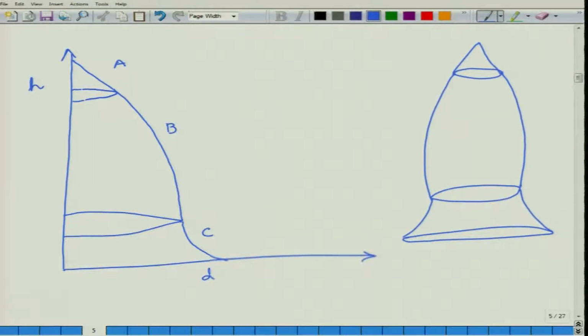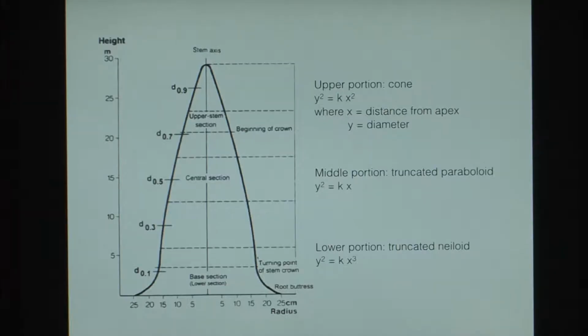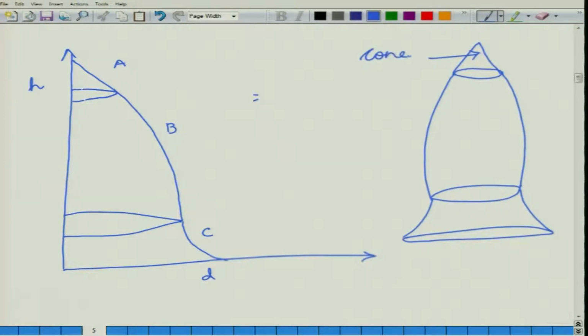If we described the shape of a tree as this, we could derive equations for the various parts. This portion, because it is a cone, will have an equation of y equal to kx. Traditionally we write these equations with y squared: y square equal to kx square is the equation of the upper portion, which is the cone. Here x is the distance from the apex and y is the diameter.